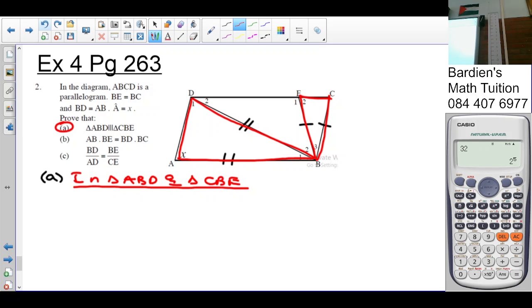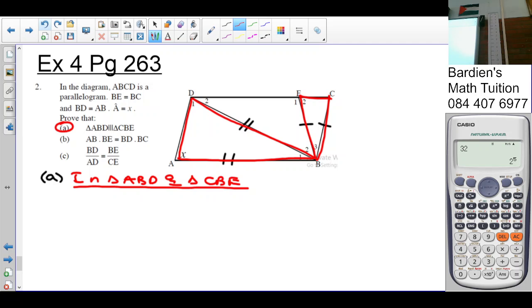So to prove similarity, what do we do? We can do one of 2 things. We either prove that the triangles are equiangular, which means all 3 angles are equal, or we prove that the sides are in proportion, but we don't have any lengths here.